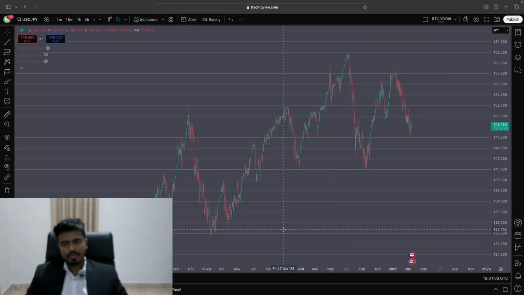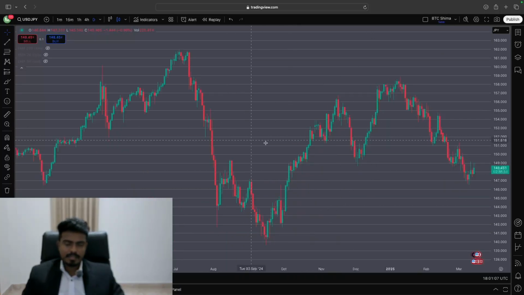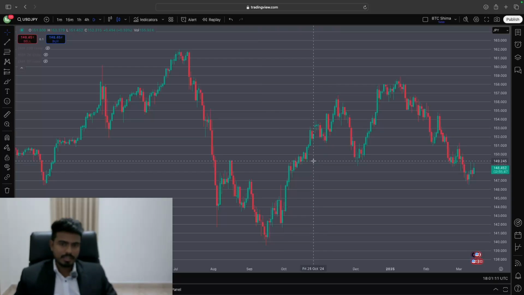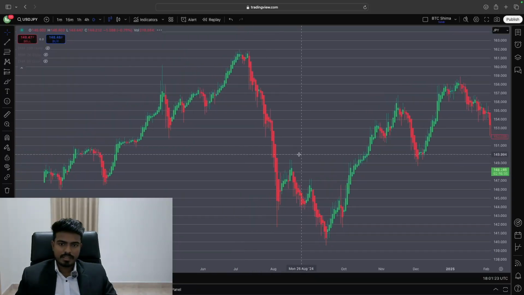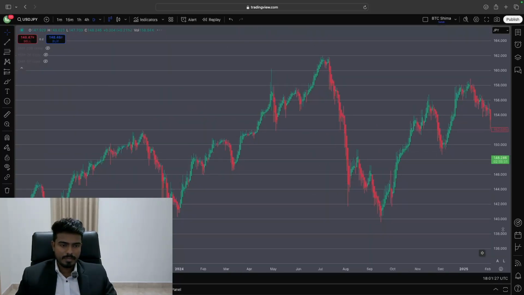Here these candlesticks are Japanese candlesticks. I am familiar with Heikin Ashi, so I will use Heikin Ashi. You can choose Heikin Ashi from this candle section. It's clearer than the Japanese candlesticks.